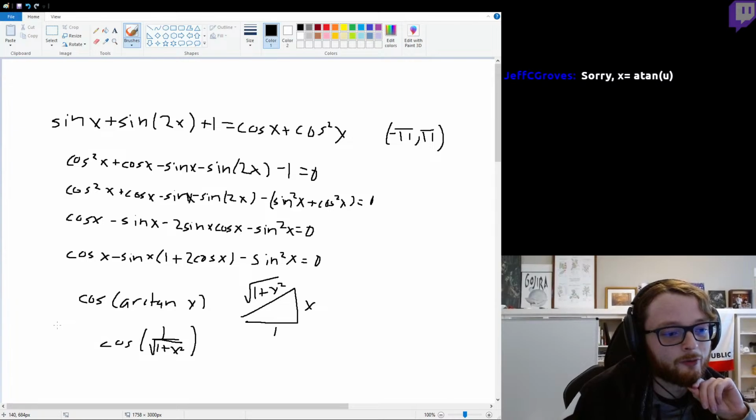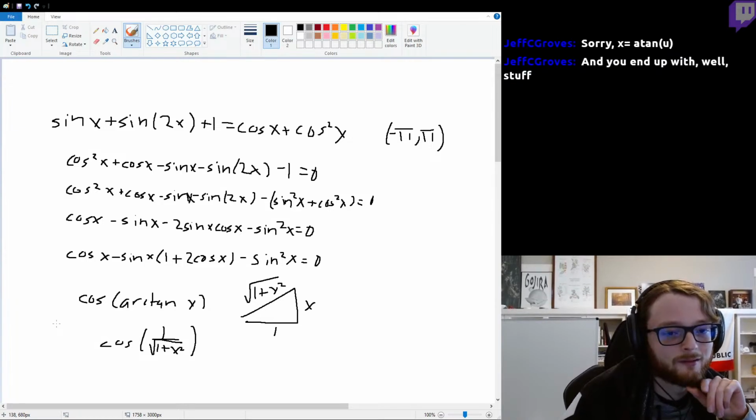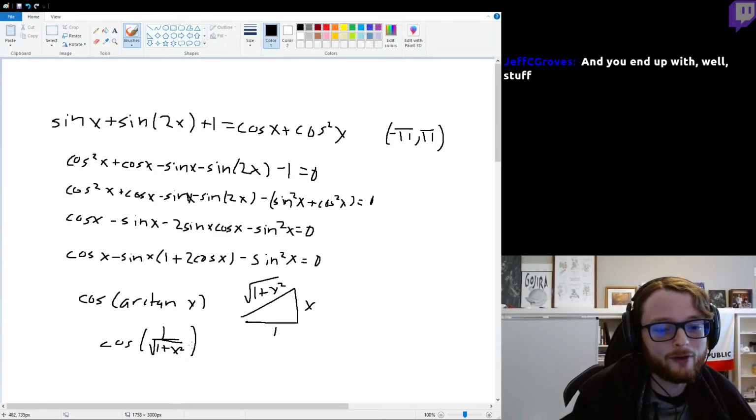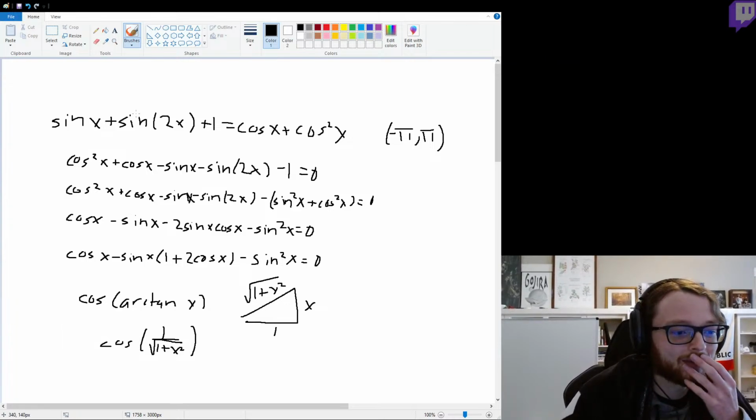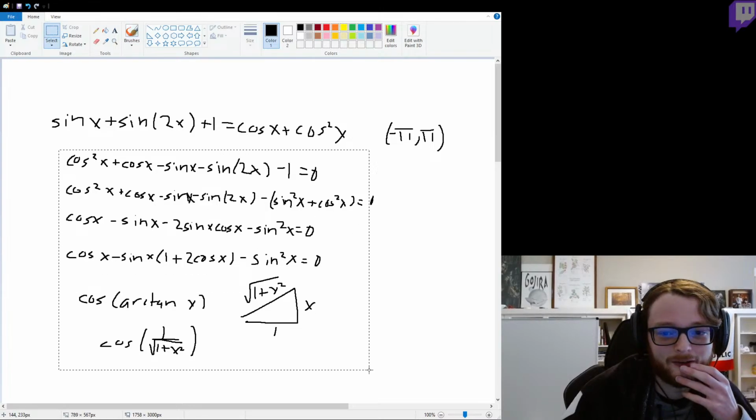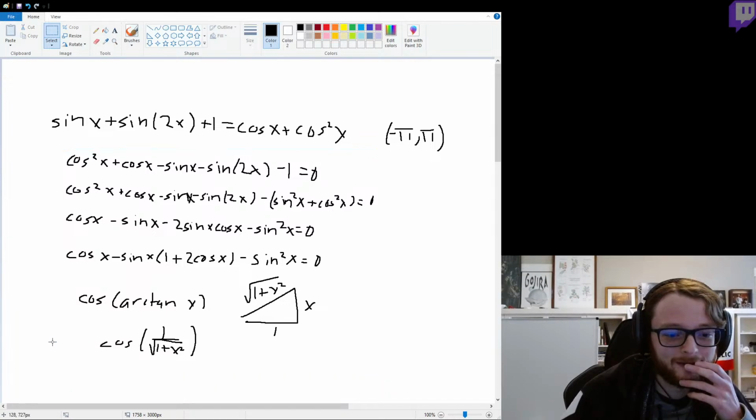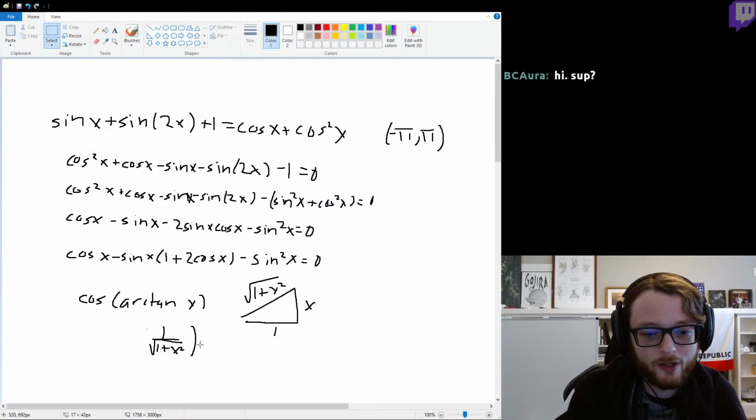You do a change of variables, x equals arctan u? You end up with stuff. Oh wait, no, it's not cosine of that, it's just this. Oh, I see. Okay. We'll try Jeff's way. So I miswrote it. It's just this. It's not cosine of that.